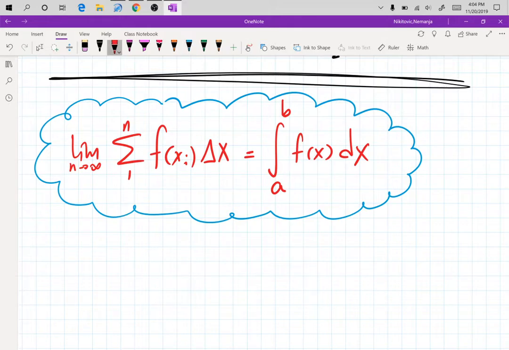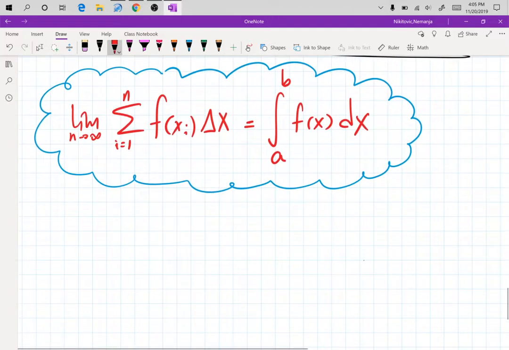So instead of doing the whole thing that we did with Riemann sums, we can just do a little integral between two values.